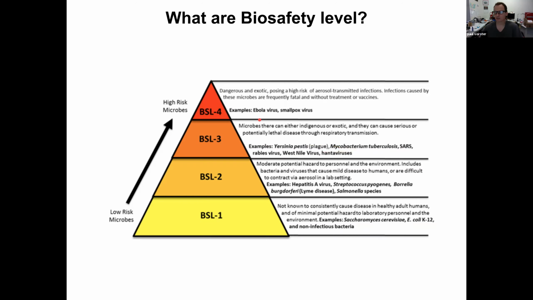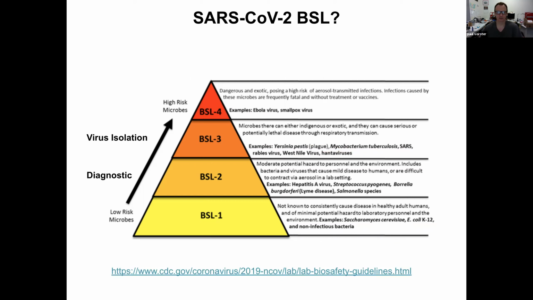Now, because we're in this kind of weird pandemic era, I thought I would just show you where SARS-CoV-2 is located. SARS-CoV-2 is the name of the virus that causes COVID-19, okay? If you're working in a diagnostic lab, you're just testing to see whether it's present or not, just for diagnostics. It can be done in a biosafety level 2 lab, okay?